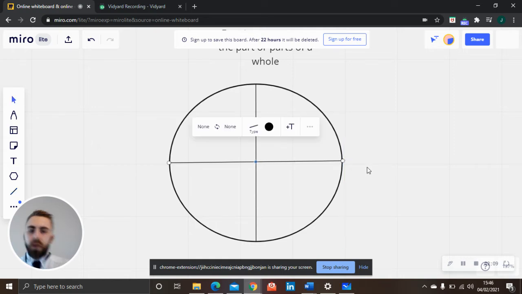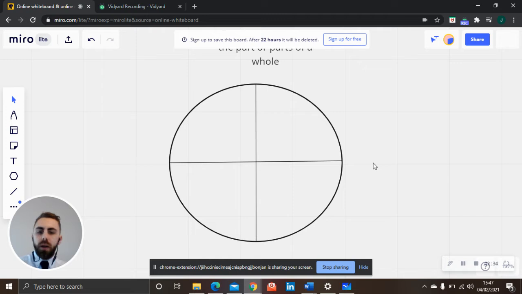So we've got 4 pieces there. And when we divide something from a whole into pieces, so we've divided our whole pizza into 4 different pieces, we divide it into fractions, because it's a fraction of a whole. So we've got 4 pieces that make up our whole there. So that's our pizza.